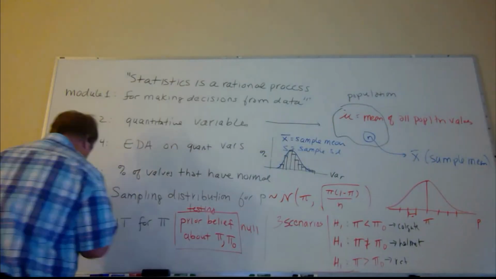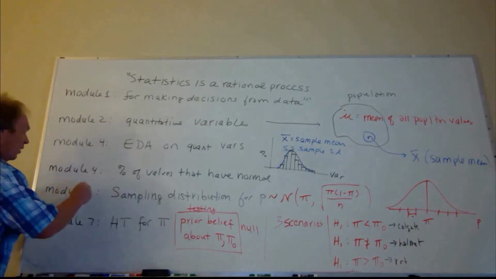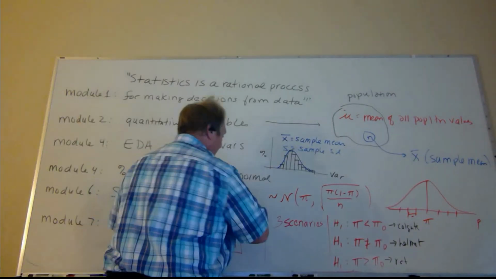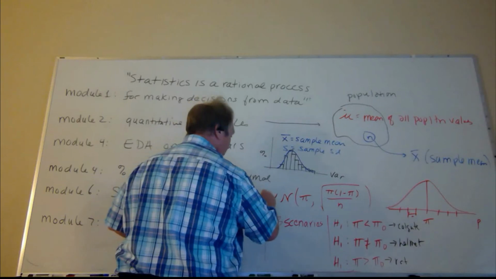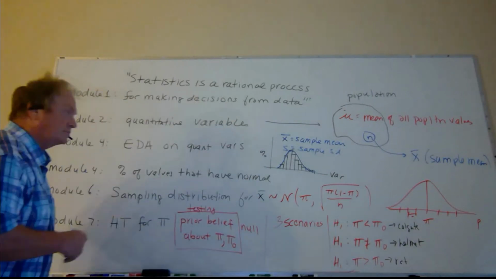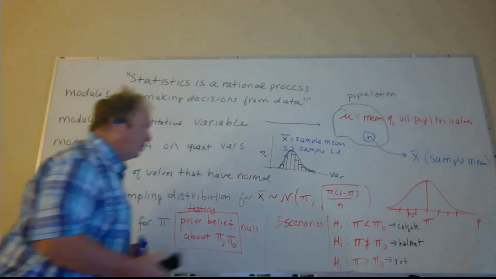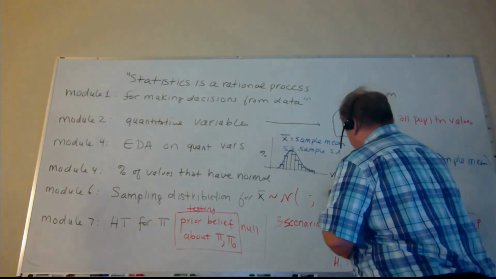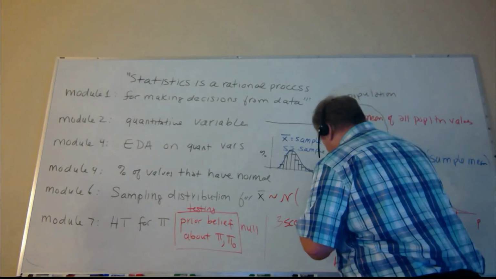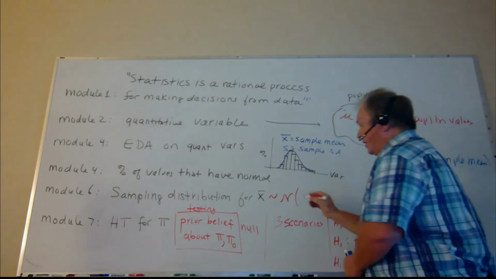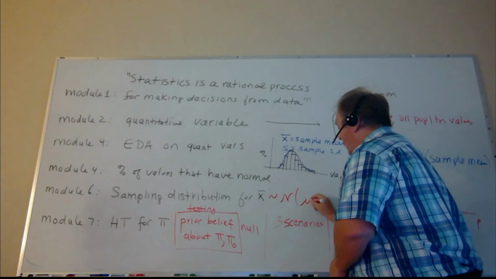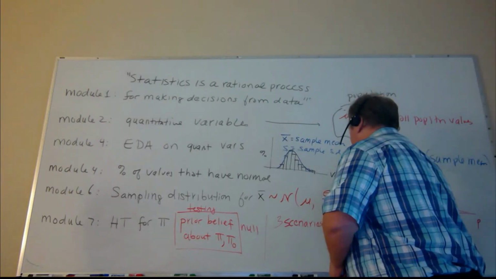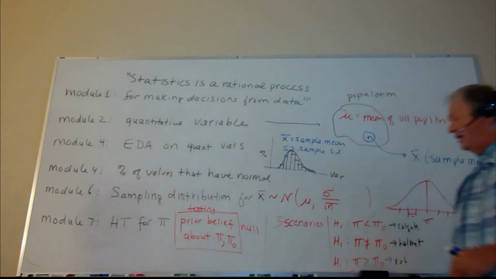So in Module 6, we were looking at the sampling distribution for the sample means. And what we saw, the central limit theorem told us that under the appropriate conditions, these sample means were centered at the population mean, and their standard deviation was the standard deviation of the variable.